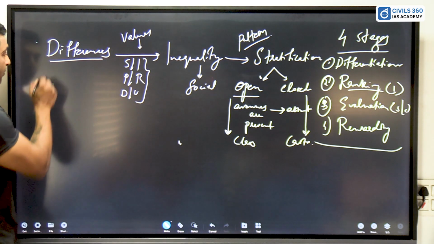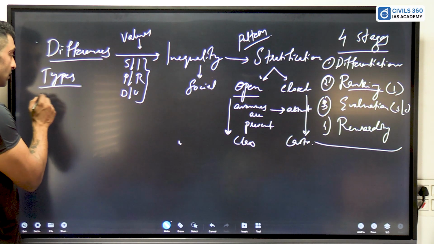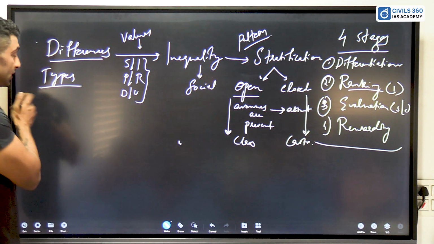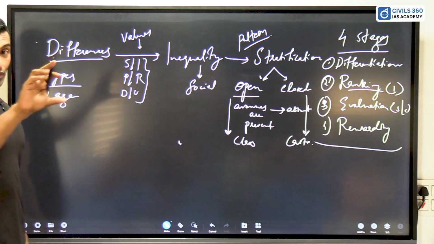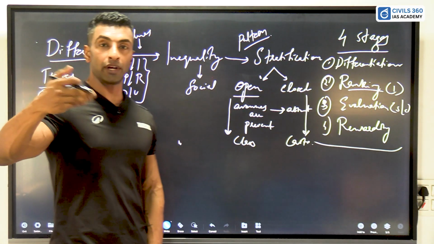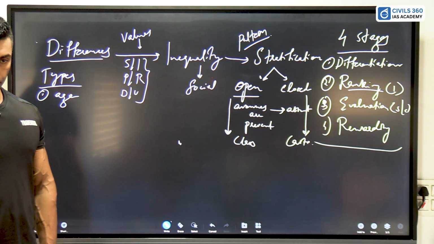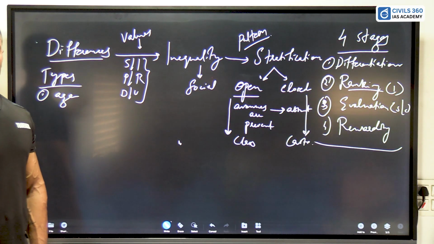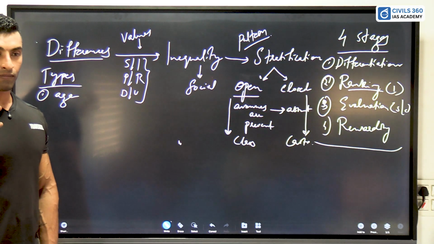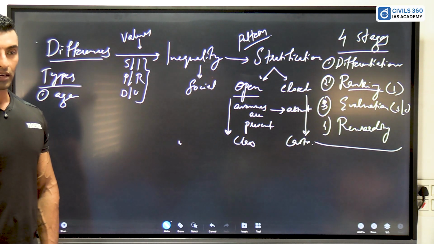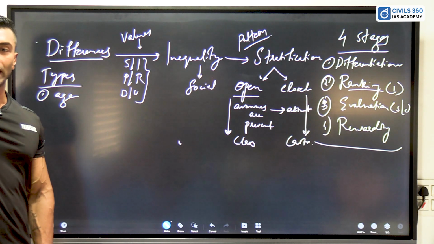Okay. Then we have seen types of stratification. Different types, right? We started off with age set system. So when you write the stratification, you need to write age set system. Dimension, age is the dimension. The strata, old, young, middle age.